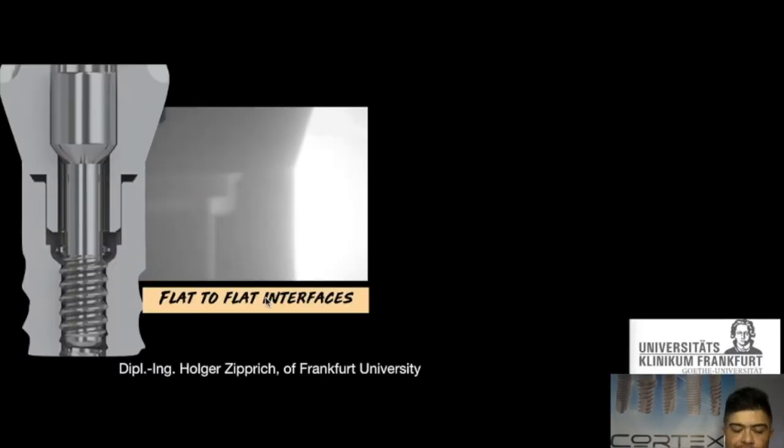In the group of flat-to-flat interfaces, like the external hexagon and internal hexagon, we have this kind of behavior. During lateral forces, there is a space or a gap between the implant and the abutment.